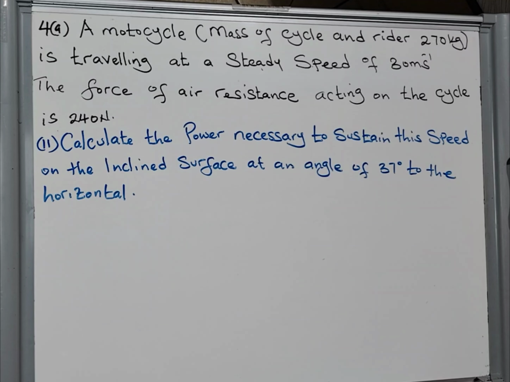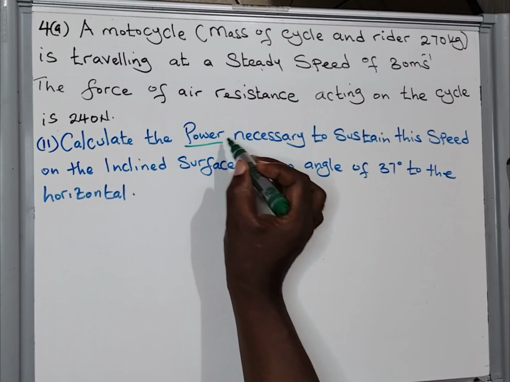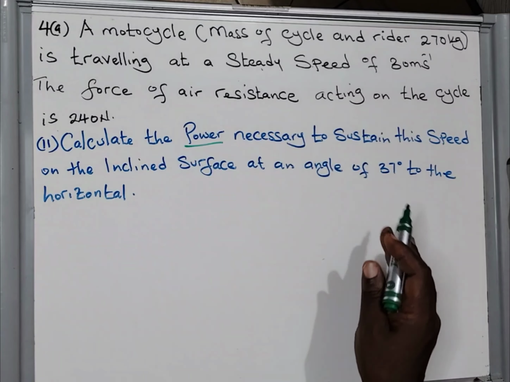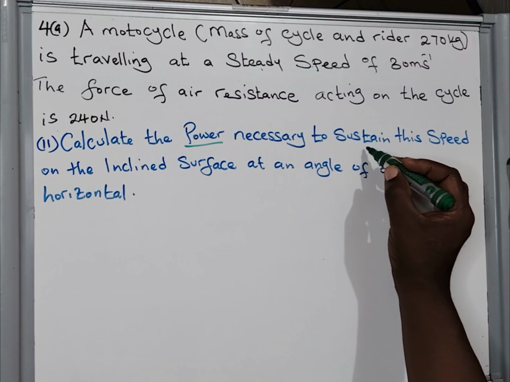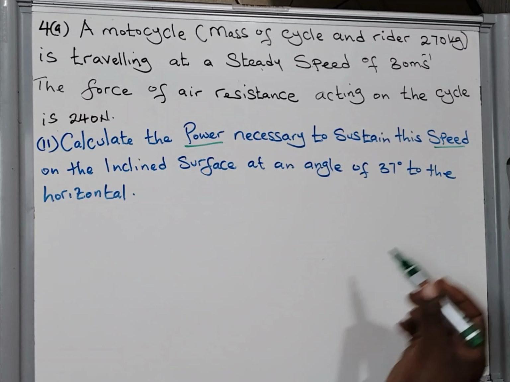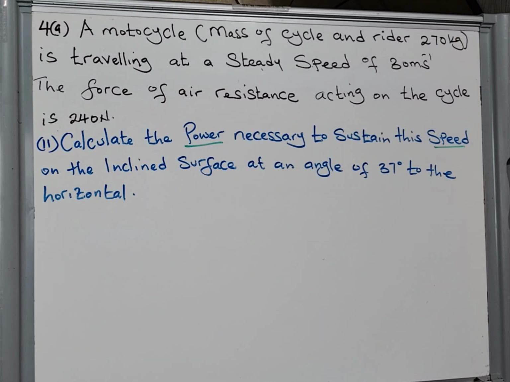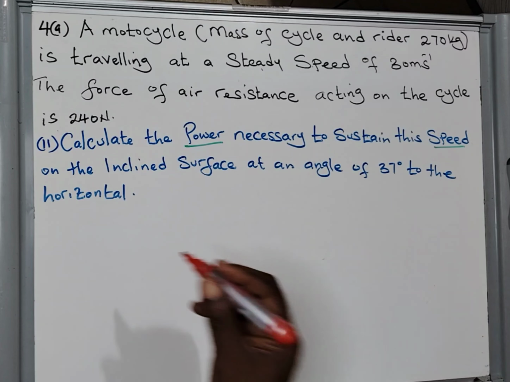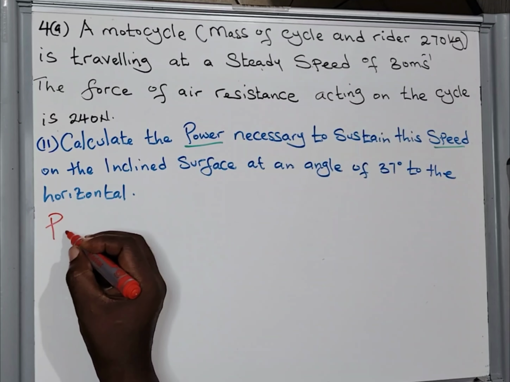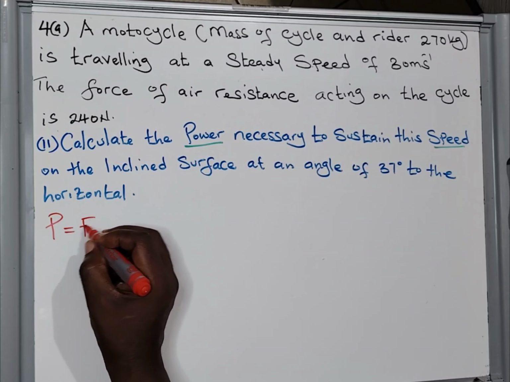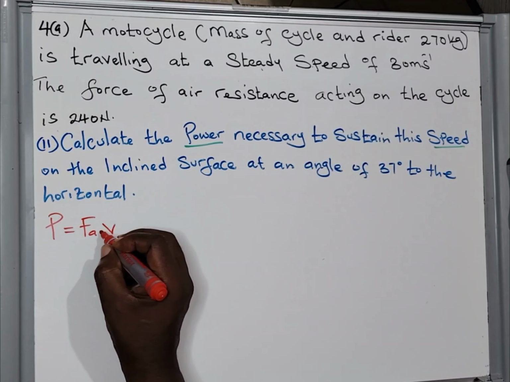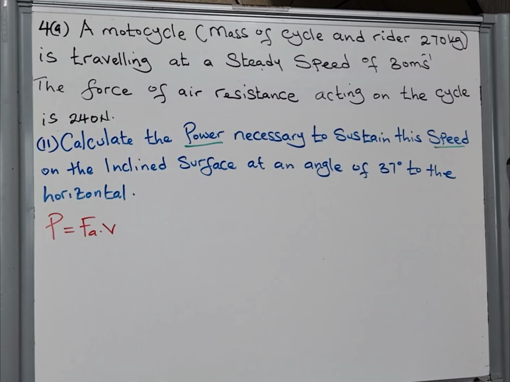Okay, let us look at what the question wants. It wants power necessary to sustain this speed, constant speed. You have to take note that every time you see those conditions, it warrants us to use this formula. Power is equal to FA V. Okay, let's check what we have.